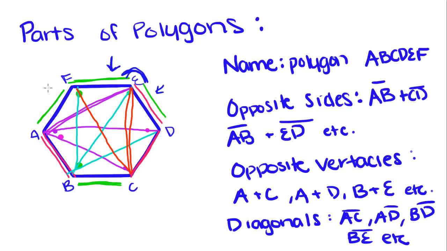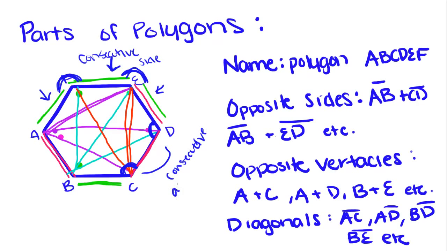This one is consecutive with this one. Consecutive vertices are the same thing, where the vertices fall right next to one another.